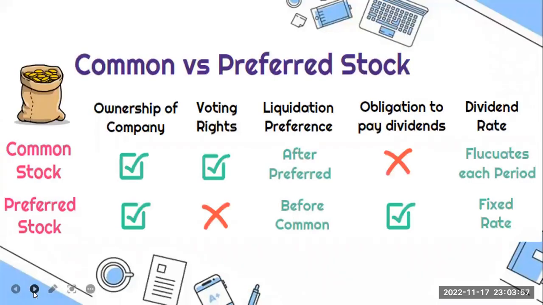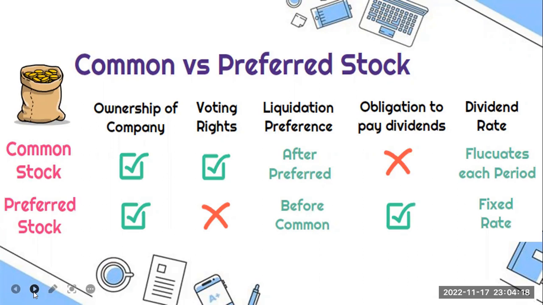Okay, so let's have the comparison between common and preferred stock. Common stock, there is an ownership of company, also for the preferred stock. And for voting rights, common stock meron, si preferred stock wala.